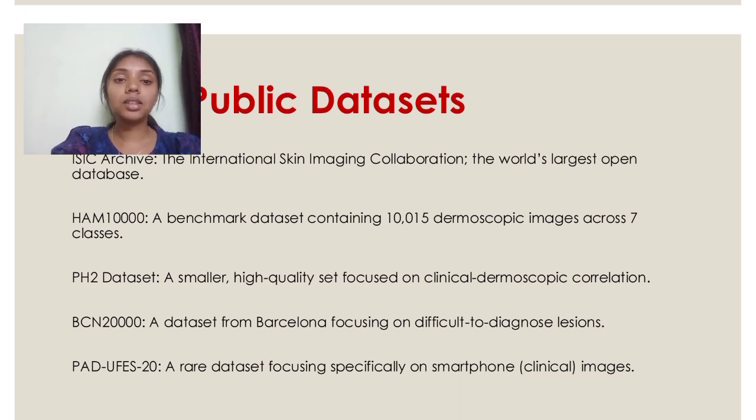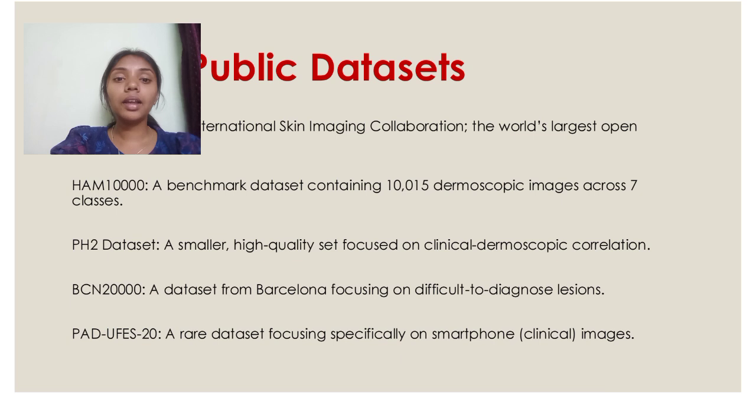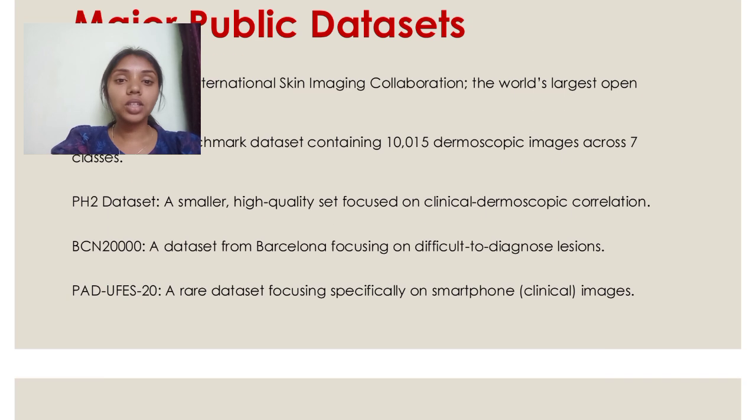Next is the PH2 dataset, which is a small high quality set focused on clinical dermoscopy, and BCN20000, a 20,000 image dataset from Barcelona focusing on difficult to diagnose lesions. And then is PAD-UFES-20, a rare dataset focusing especially on smartphones.